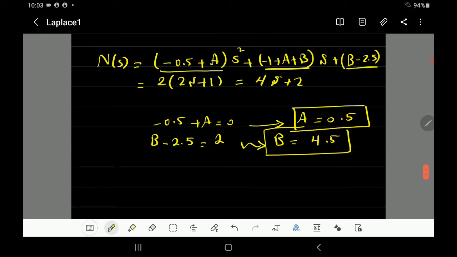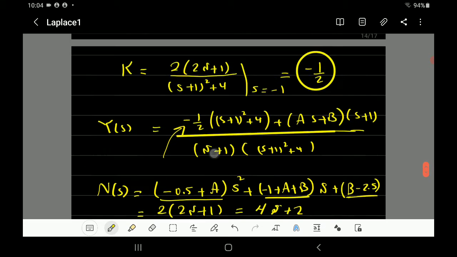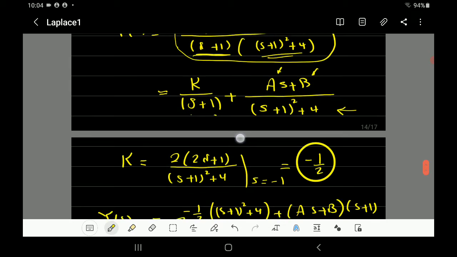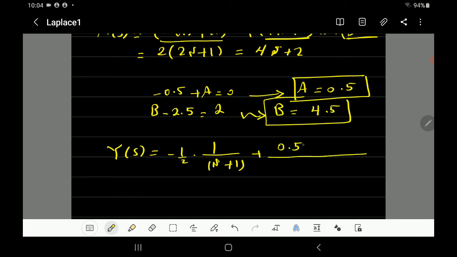We got a and we got b, and now we have the expression. This expression now is known. Let's just write it. So Y of s is equal to minus 1/2 times 1 over (s plus 1), and the other one has 0.5 s, that is a, plus b, 4.5.